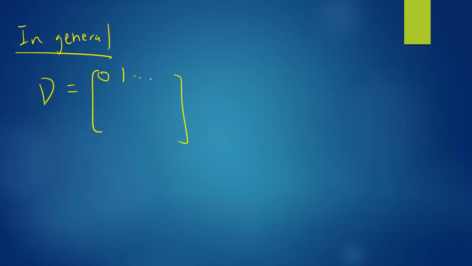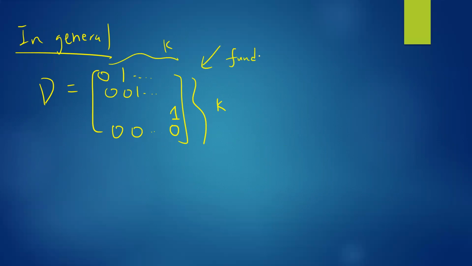So in general, I can define D to be 0, 1, 0, 0, 1, 0, 0, up to 0, 1 here, and its size is K by K. This is the fundamental solution. You can check that D to the K is 0, and the rank of D is K minus 1.